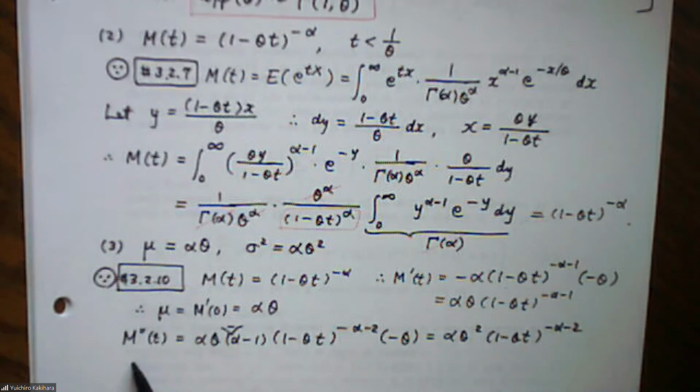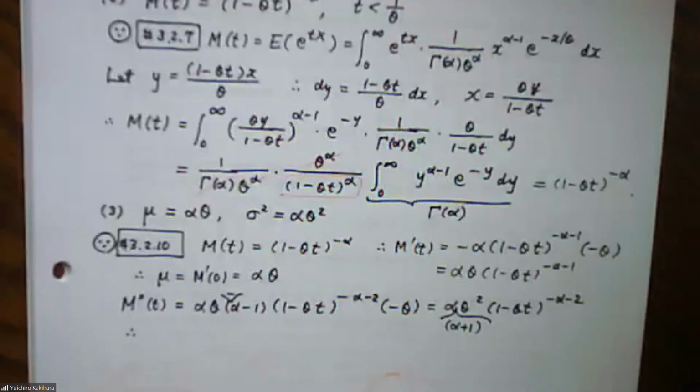I forgot alpha plus 1 here. Sorry, alpha plus 1 is here: alpha times alpha plus 1. So sigma squared is equal to m double prime of 0 minus mu squared.